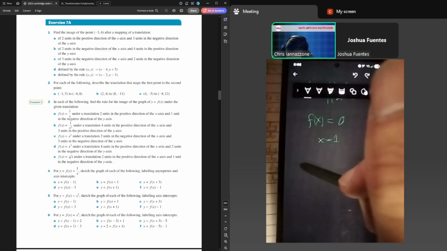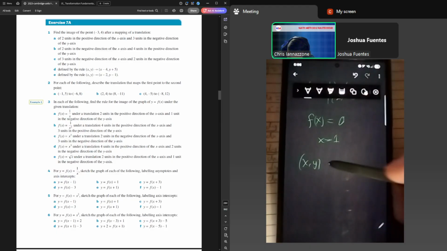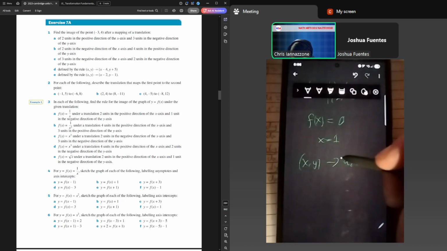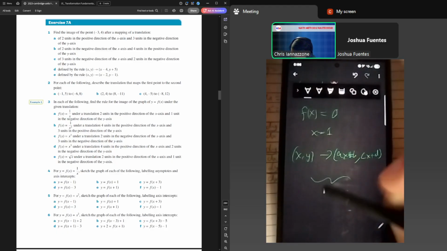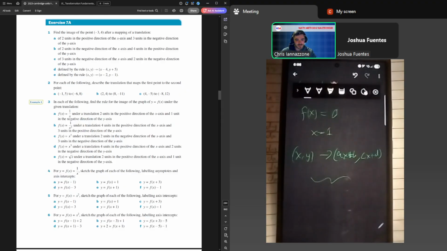Like you'll have x comma y maps to ax plus b, comma cx plus d. They'll give you a bunch of information and they'll say figure out a, b, c, d, and that's where the exact stuff that we're doing here becomes applicable for solving that. Okay.